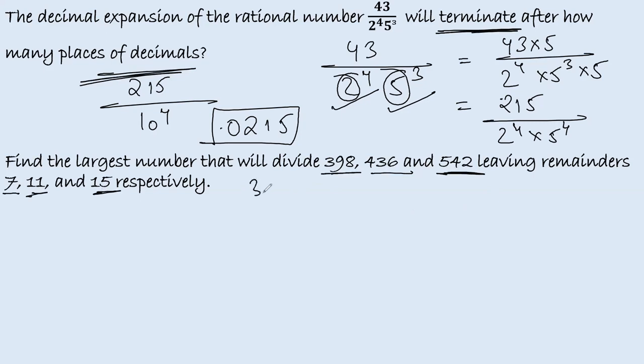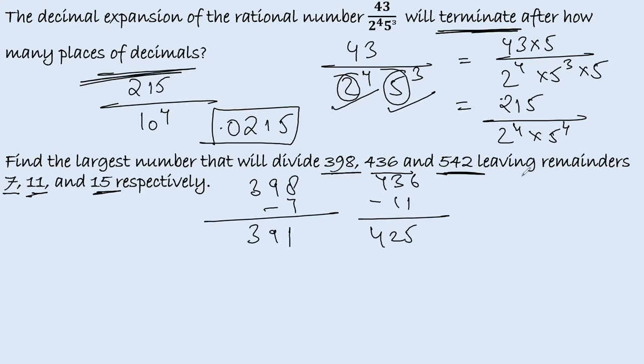It means we have to just cancel the remainders. Cancel the remainders, and these will be the numbers after removing the remainders. Now these are the 3 numbers.